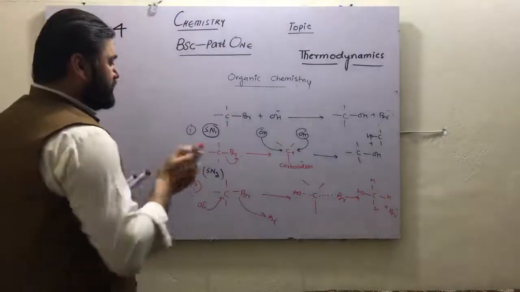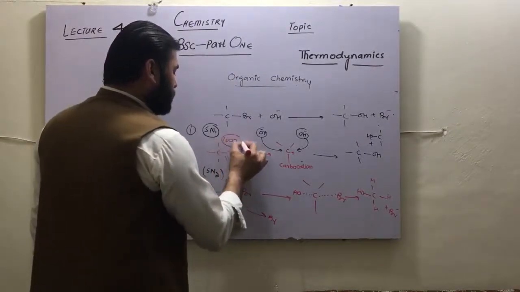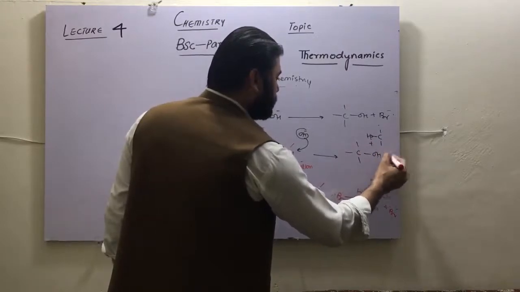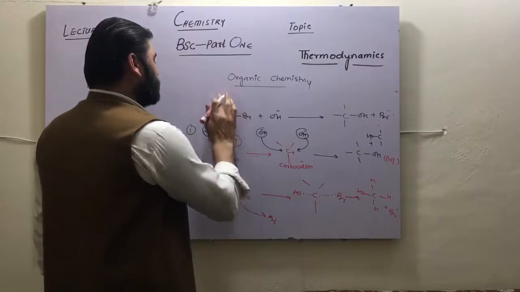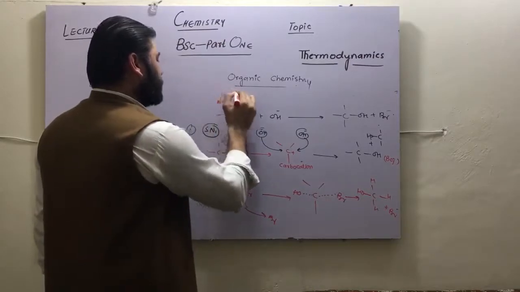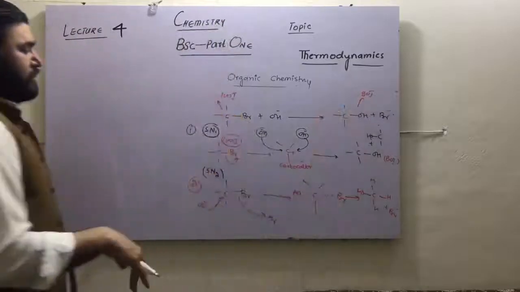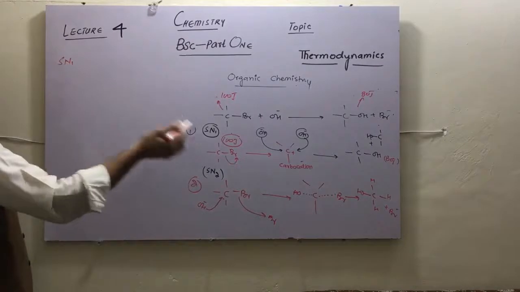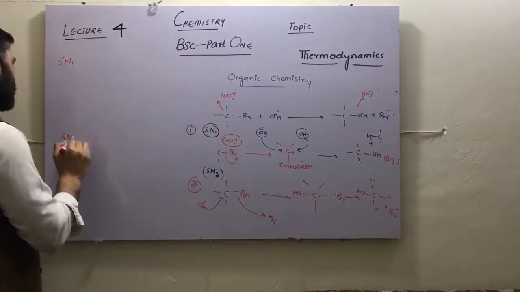Suppose the initial energy of this is 100 joule, and now the final product of this energy is 80 joule. Now we can say here the energy is 100 joule, and here the energy is 80 joule. So if we make a graph for SN1 and SN2, you will get the idea.